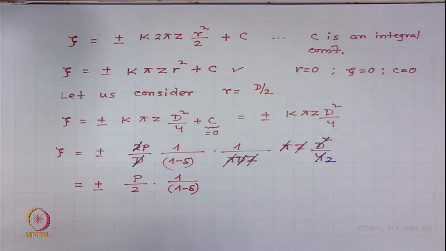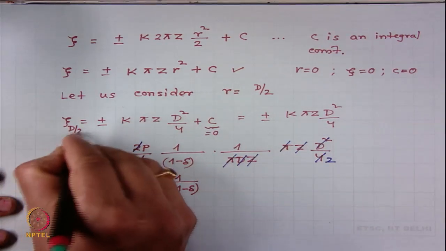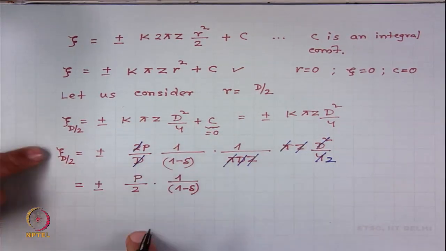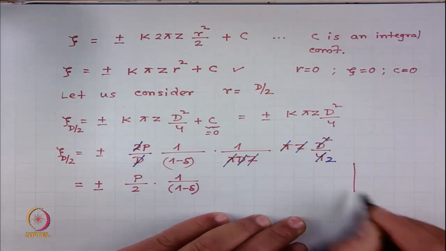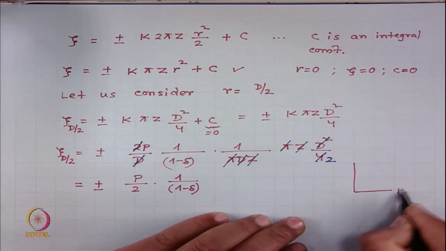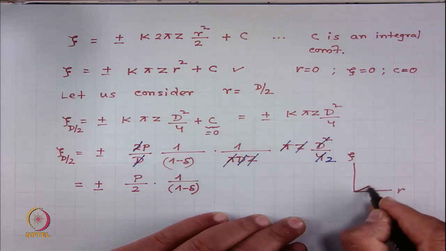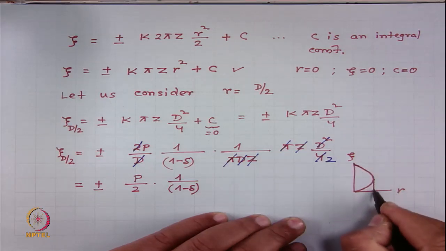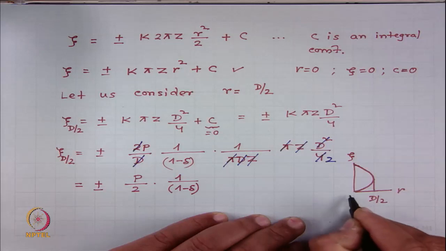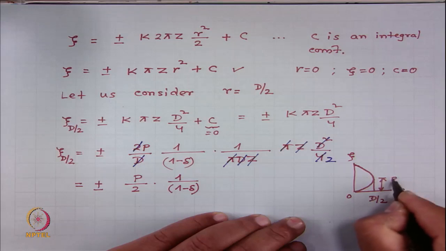This is a problem, because at d by 2, this value must be equal to p by 2. Why? Because if this is r, this is zeta, if this is your d by 2, then this distance is p by 2.